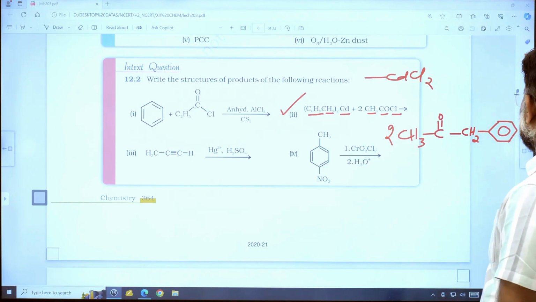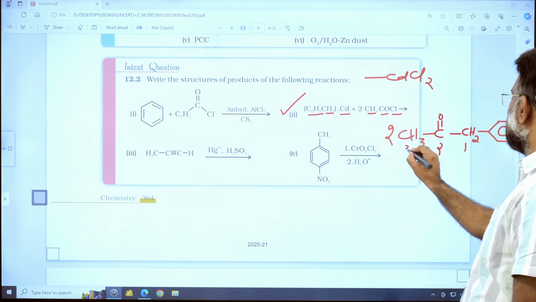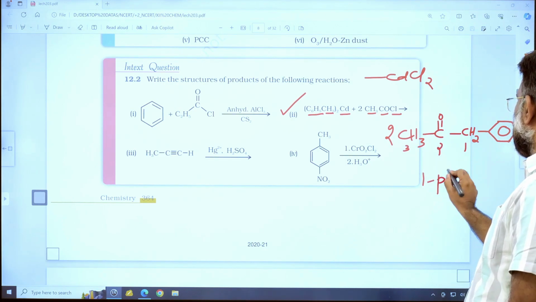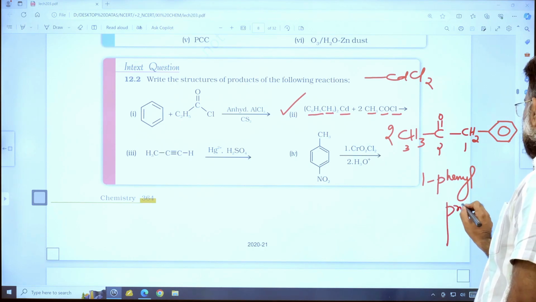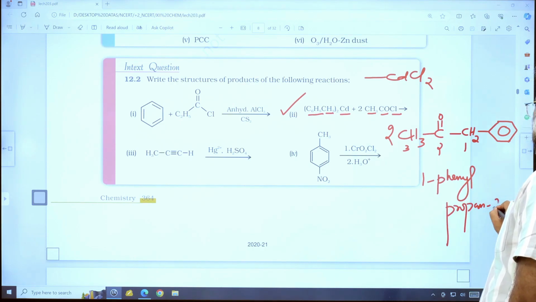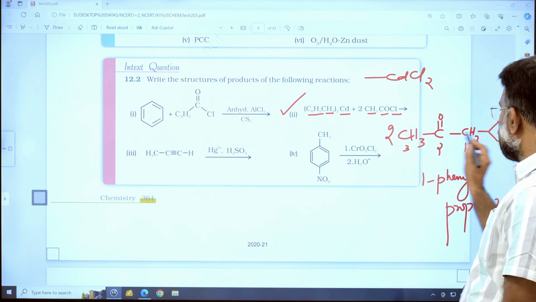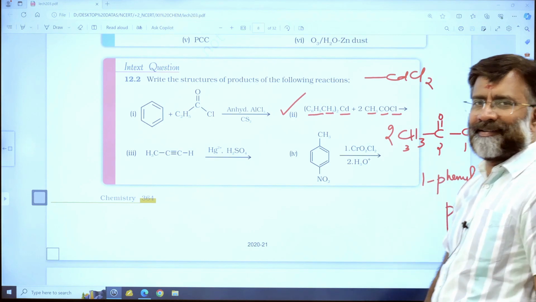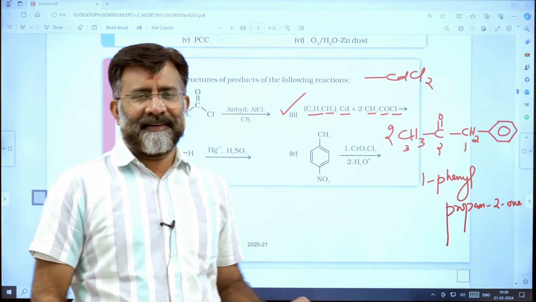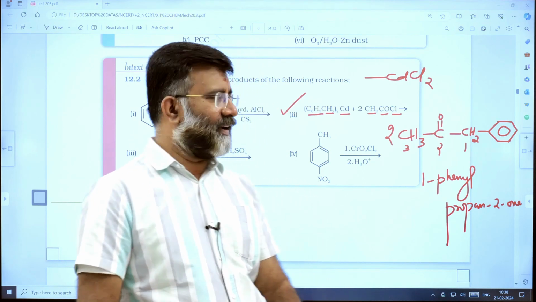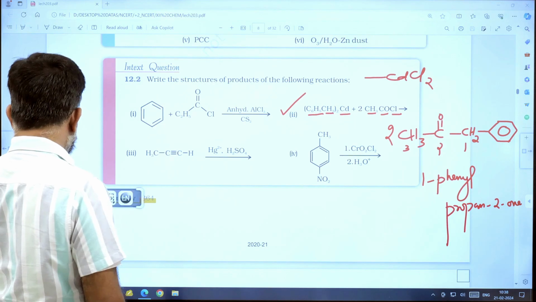And what is the name of the molecule? 1, 2, 3. 1-phenylpropan-2-one, 1-phenylpropan-2-one. That is the product. Is it clear? Fine. So try practicing all those questions also.